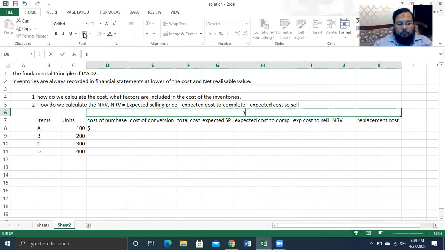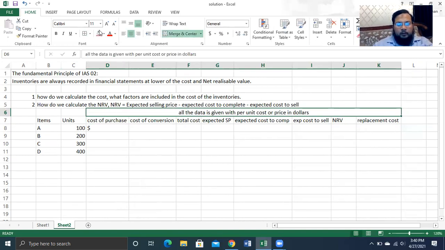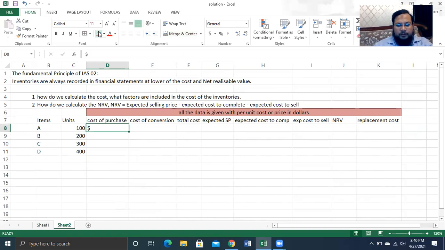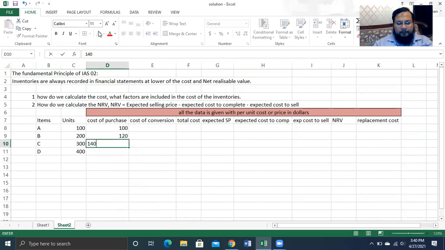All the data is given with per unit cost or price in dollars. So let's suppose the cost of purchase is given 100, 120, 140, 160. The cost of conversion is given 60, 80, 100, and 120.